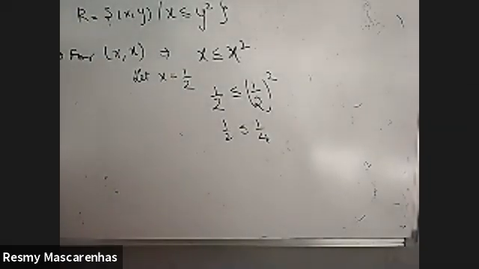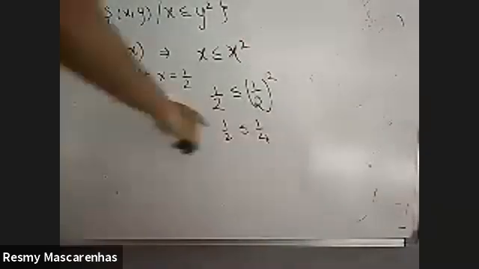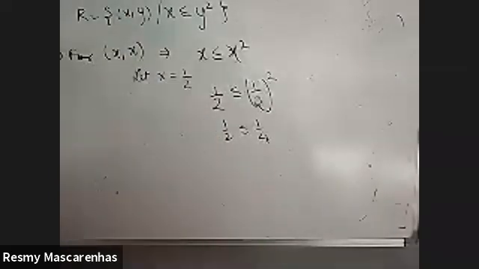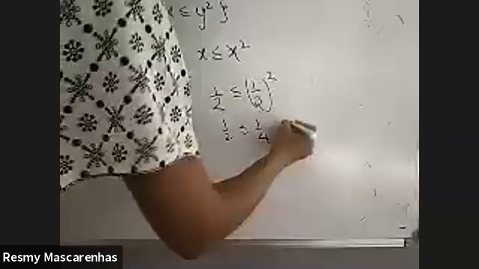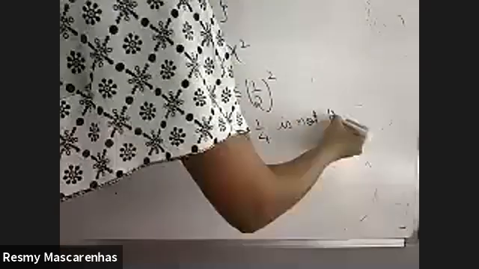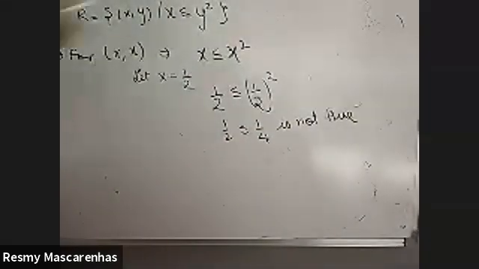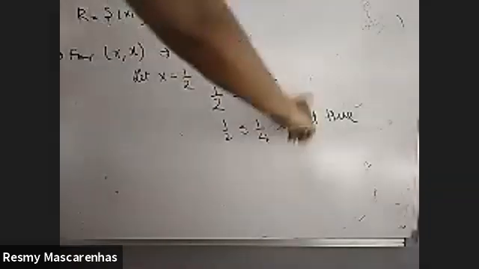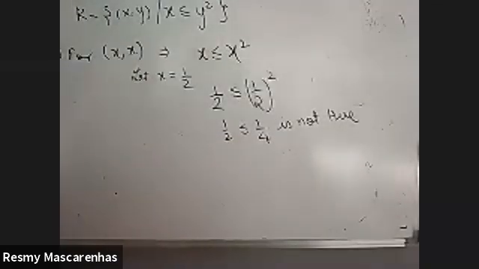If you are given half an apple and 1/4 apple, which one is bigger? Is half an apple less than 1/4 apple? No. So it is not holding true. So you got one example which shows that it is not satisfying this formula. One example is enough to show that it is not holding true. So half is not less than 1/4.